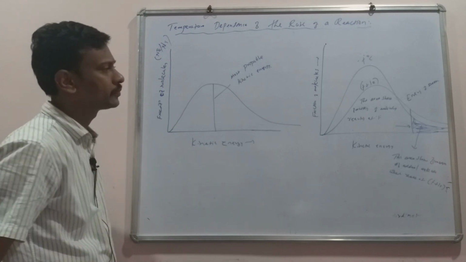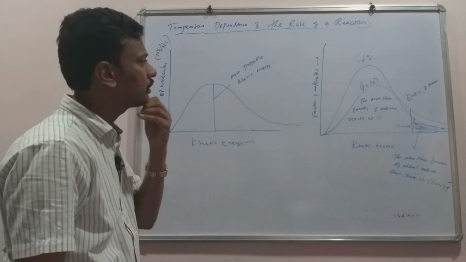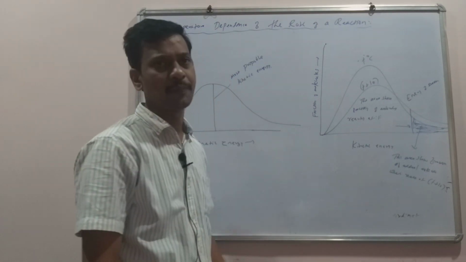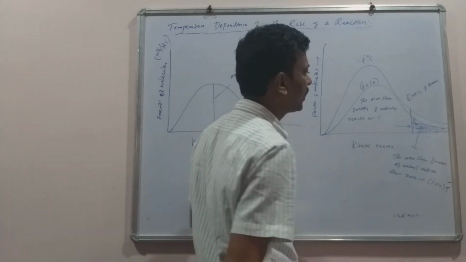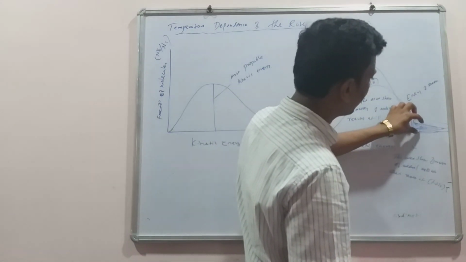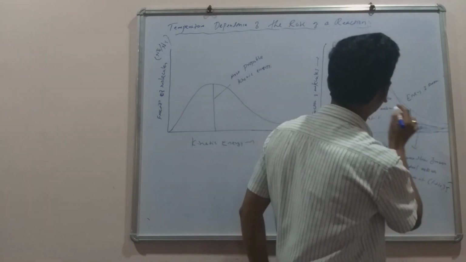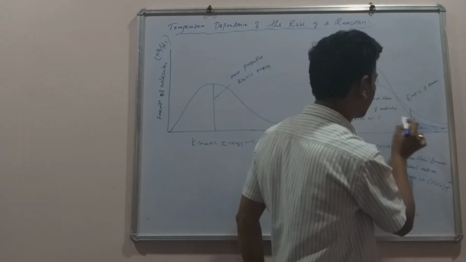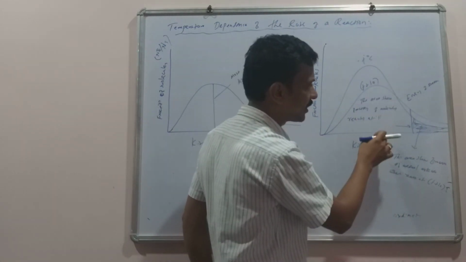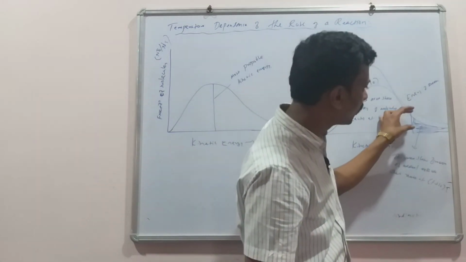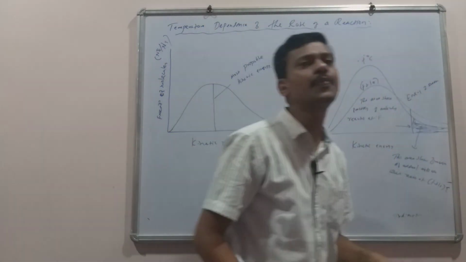When we plot the graph at two different temperatures, at temperature T it has a small area. This area shows the fraction of molecules reacting. And when we plot the graph at T plus 10 degrees centigrade, the number of molecules that will react to give the products almost doubles.